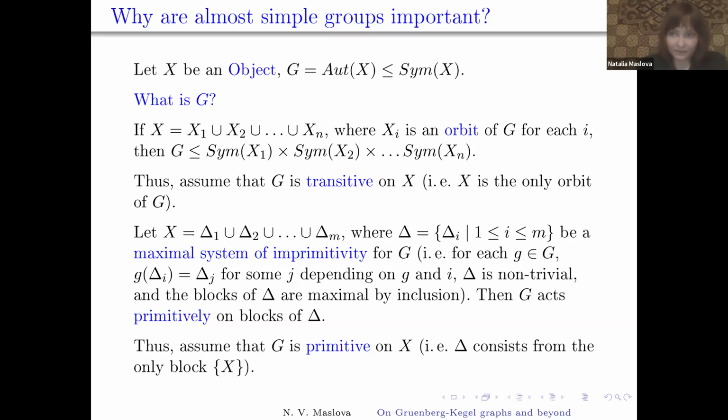Secondly, we can try to consider the blocks. What are blocks? They are sets such that the block and the image of this block under the group action either have empty intersection or coincide. And if we consider maximal blocks, then on the set of blocks, the action is so-called primitive, it doesn't have proper blocks.